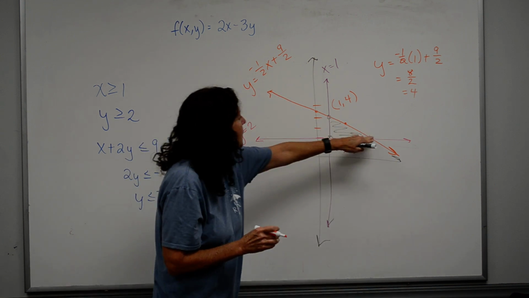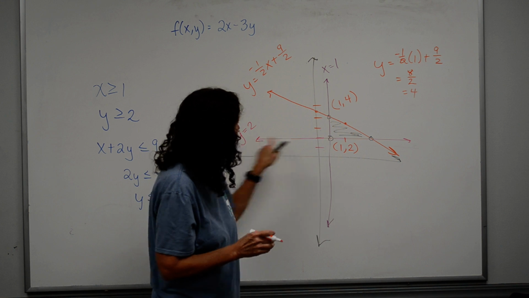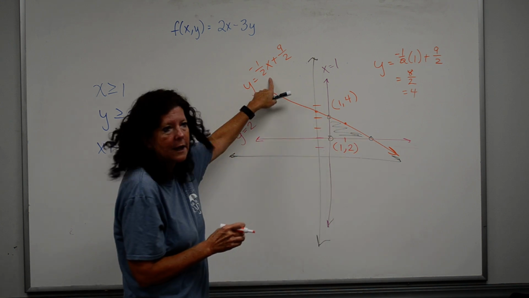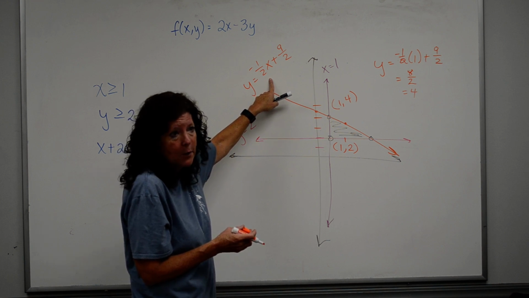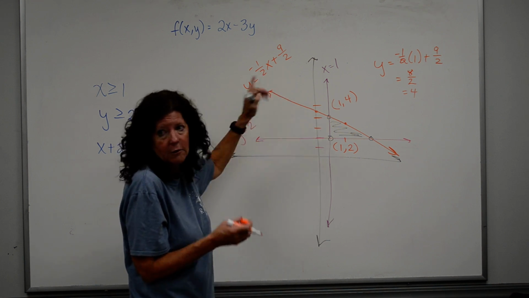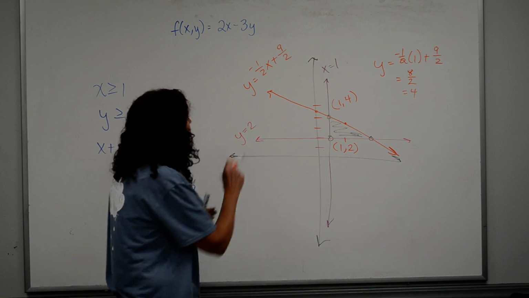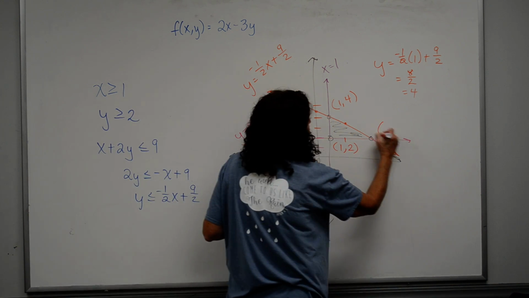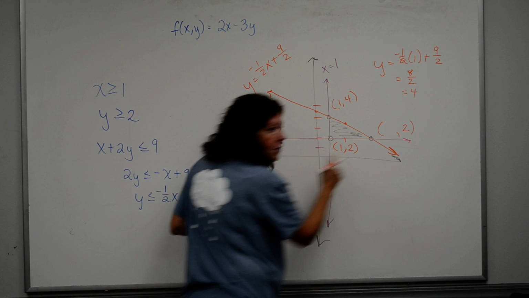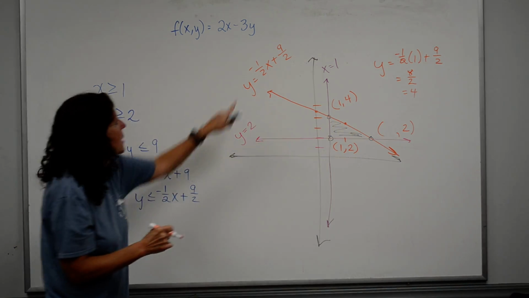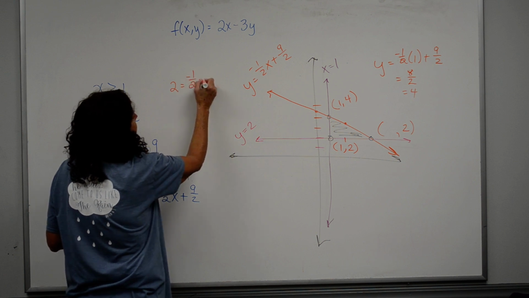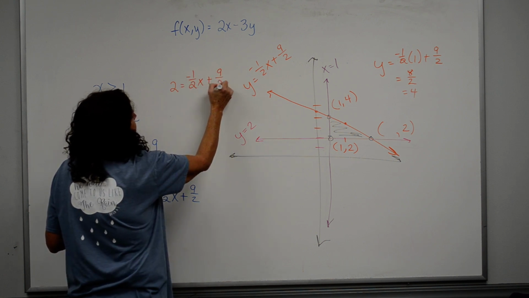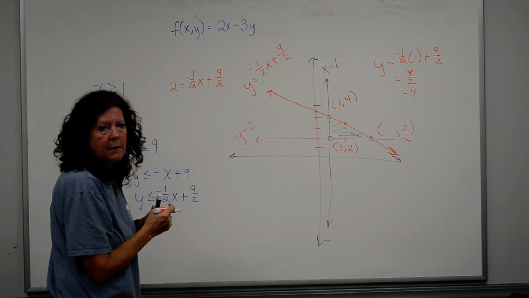This one you can plug into your calculator because they're both y's. You can do it that way if you want to. You don't have to do it that way. You could do it by hand. Okay, it's entirely up to you. I already know what the y value is. The y value is 2, correct? So I plug the y in and I go 2 is equal to negative 1/2 x plus 9 over 2. All right?